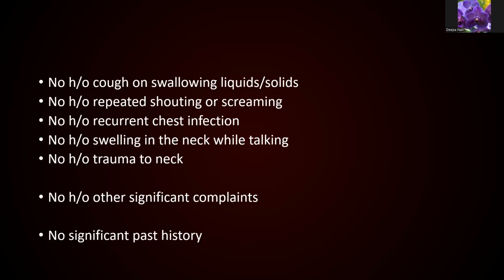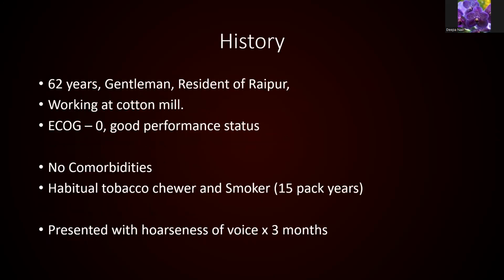Karthik, Deepa here. Yes, ma'am. At the end of your history taking, what is the differential diagnosis if you had to give one? Ma'am, he's a 62-year-old gentleman, a known cigarette smoker with 15 pack years.